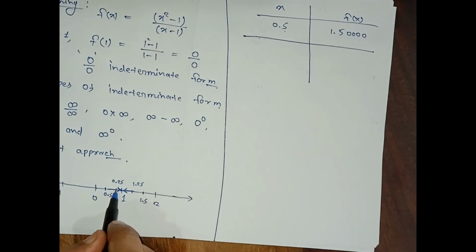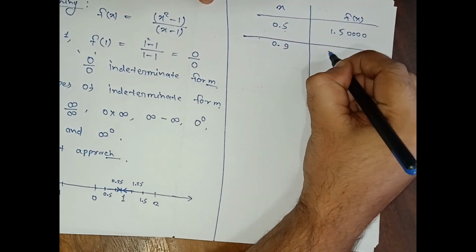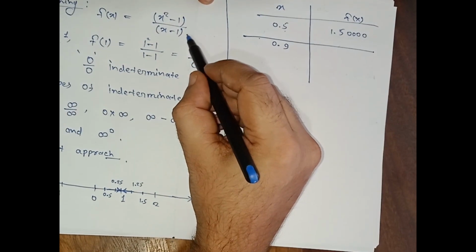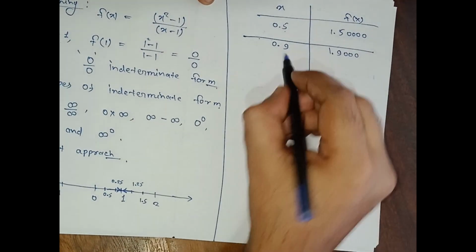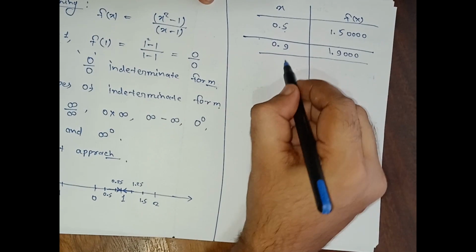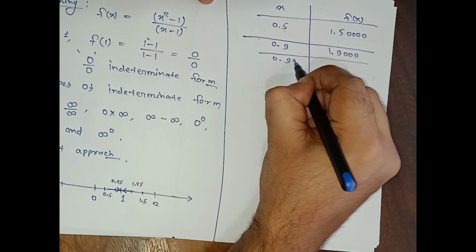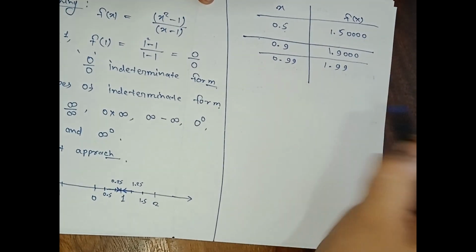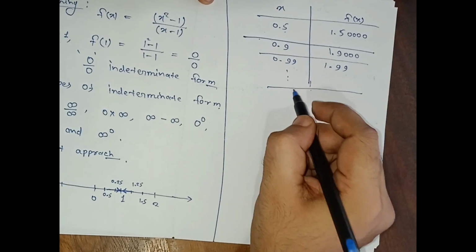Now we are going to substitute 0.9. Okay, when you substitute 0.9 in the given function, you will get 1.9000. Okay, as you get closer and closer, next you substitute 0.99, you will get 1.999.